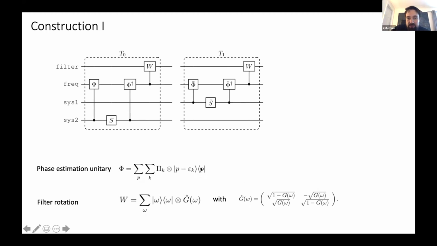Typically you start at 0, but we have to do it more generally. Suppose you start out in a pointer register of value p, it basically shifts your pointer register exactly to the ε_k energy. This is not what an exact phase estimation does. It's a pedagogical approximation, but this is what you would like it to do.